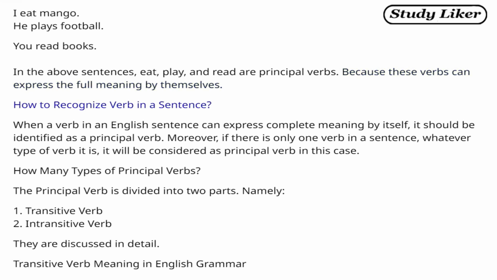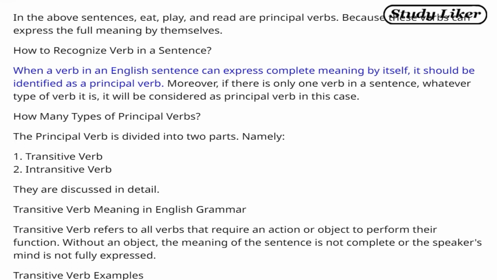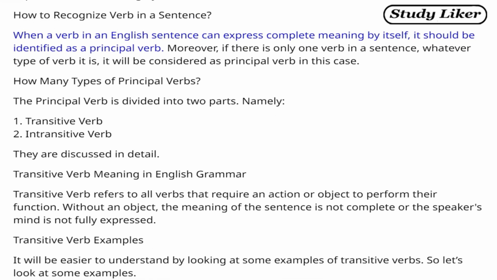How to recognize verb in a sentence. When a verb in an English sentence can express complete meaning by itself, it should be identified as a principal verb. Moreover, if there is only one verb in a sentence, whatever type of verb it is, it will be considered as principal verb in this case.